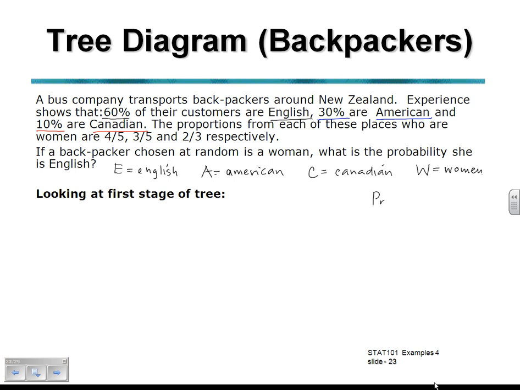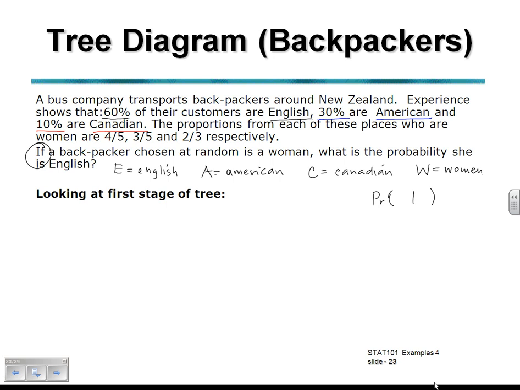We will need to use the conditional probability formula because the question has the word if. So it's given a backpacker chosen at random is a woman. It's a conditional case. So this time, is it probability of English given woman, or is it probability of woman given English? The question asks, if she is a woman, what is the probability she is English?